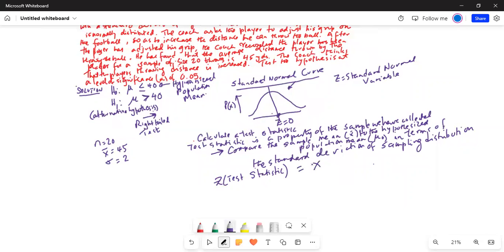X bar is the sample mean as compared to the hypothesized population mean, which comes from the null hypothesis, divided by the standard deviation of the sampling distribution, which is sigma divided by square root of n. This is the standard error, or standard deviation of the sampling distribution.